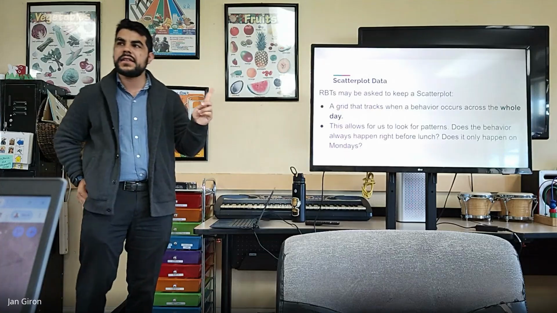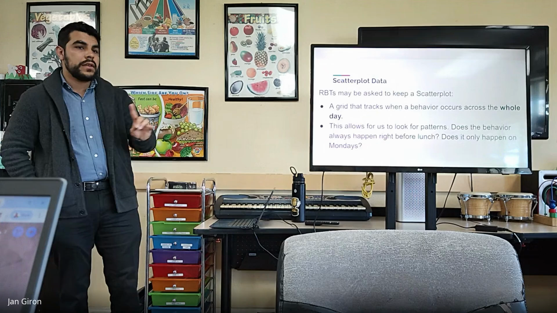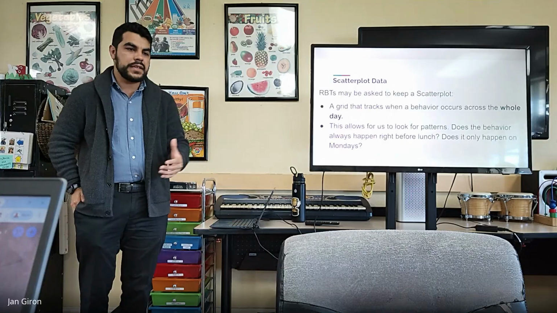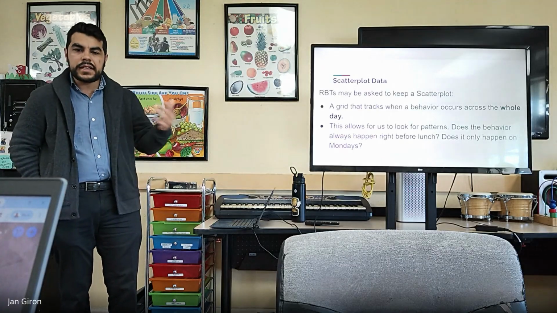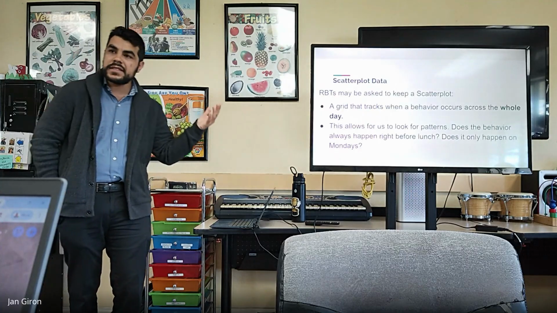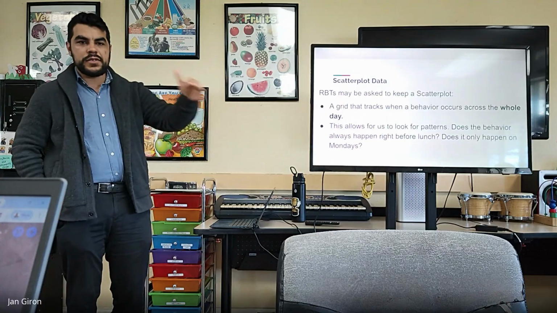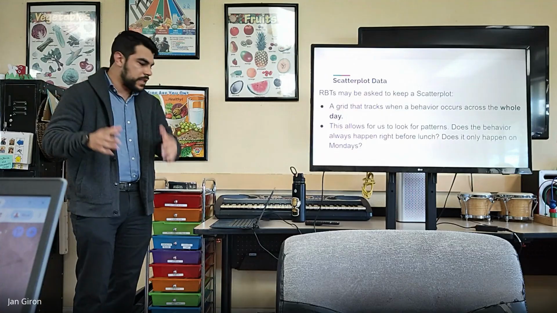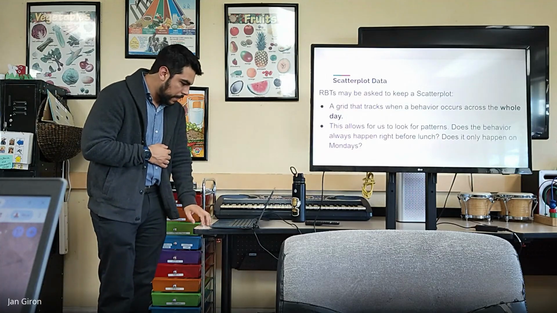And that tells us if there is a pattern. If, let's say, a client begins yelling and screaming around 10 or 11, maybe that can tell us that there's a pattern there. It might be doing it before lunch. And that could give us something to work off of.